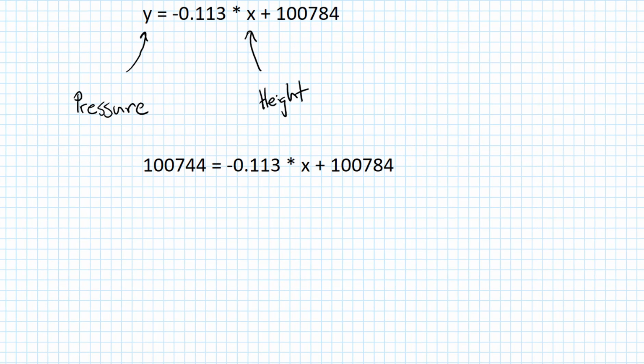So I went ahead and filled in my prediction pressure, and everything on the right side of the equation stays the same as I had up above. And now, if I go through and do my math properly, I can solve to see what the height is at this pressure.